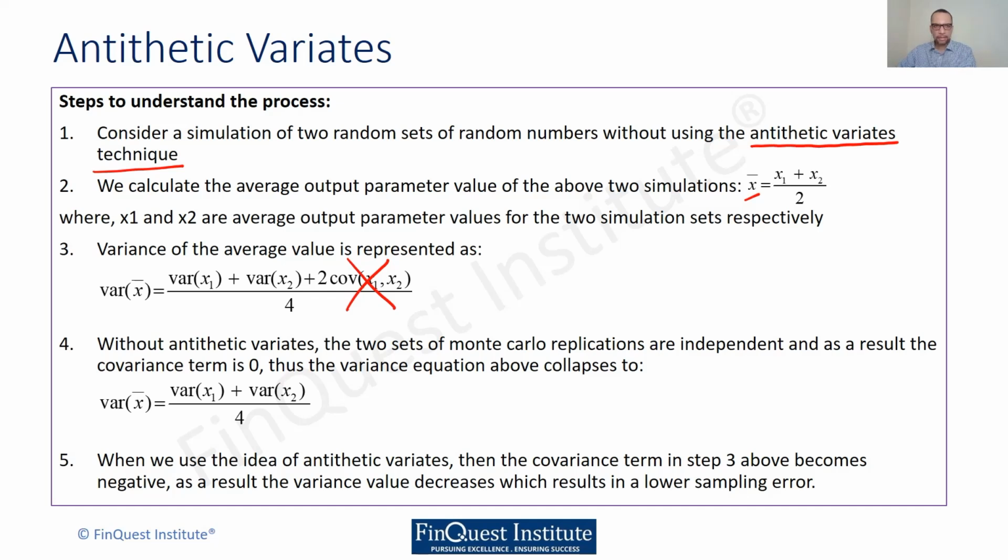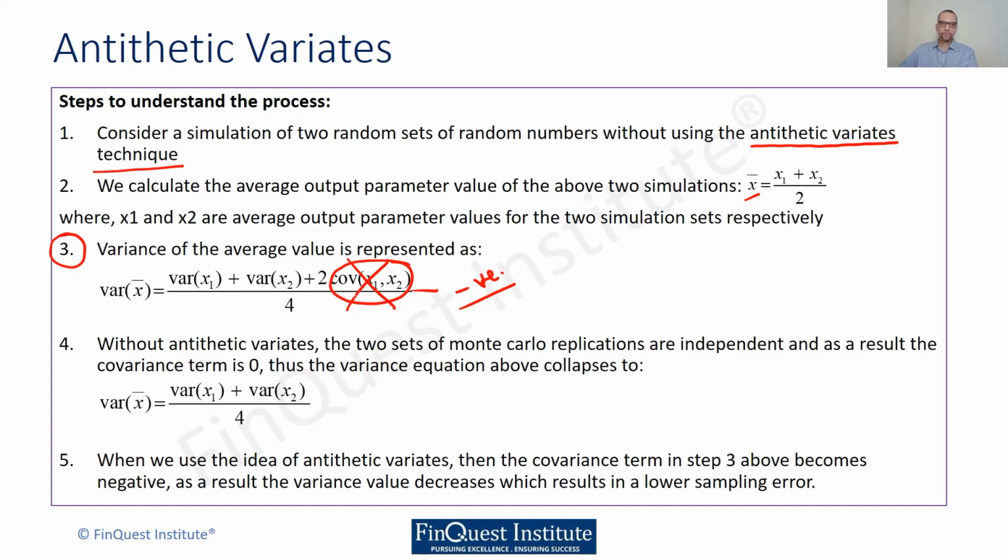Now, if we look at the antithetic variate case, up till now we have stuck to the simple approach without antithetic variates. Now imagine that we are using antithetic variates. Then we can focus on step number 3. Here the main thing that changes is that the covariance term won't vanish. It will remain, but it will be negative because we are just using a complement of the same random variable. Since this last term is negative, naturally it is going to bring down the overall variance.